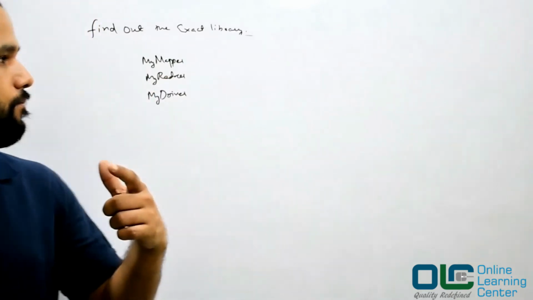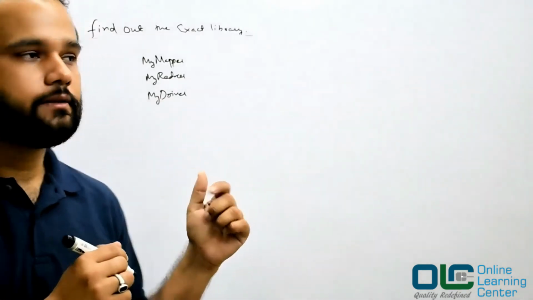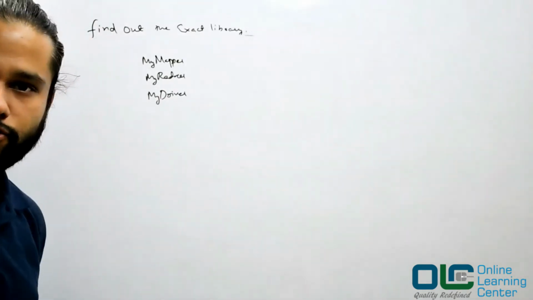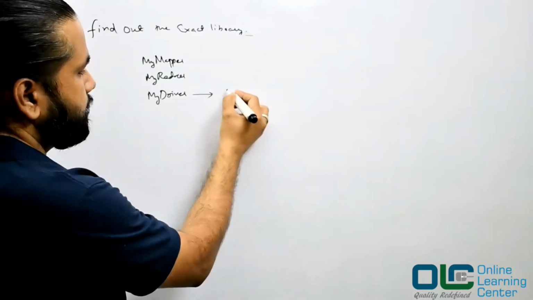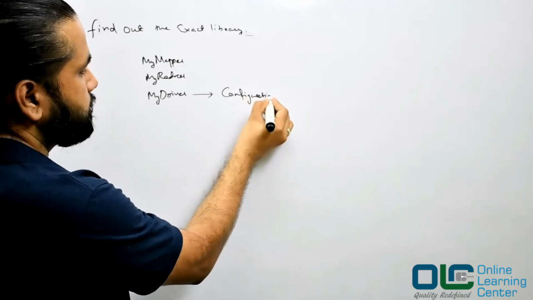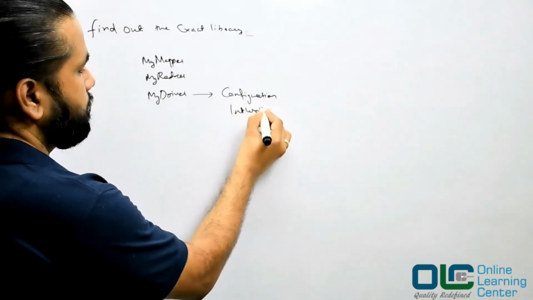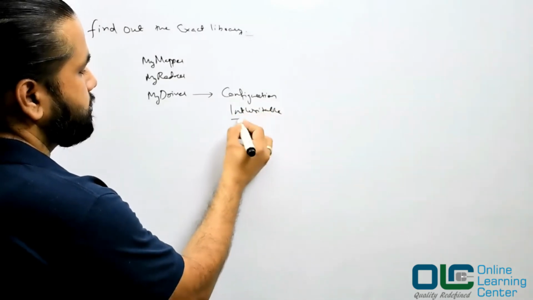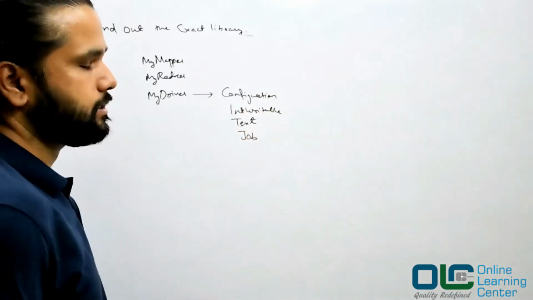If we don't add any jar file to the project build path, then we will get a lot of compilation issues first. For example, in our driver class, it says, I don't understand what this Configuration class is, I don't understand what Iterable is, I don't understand what Text is, I don't understand what the Job class is, and so on.